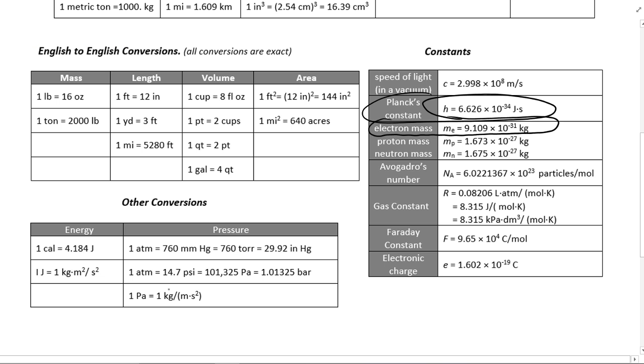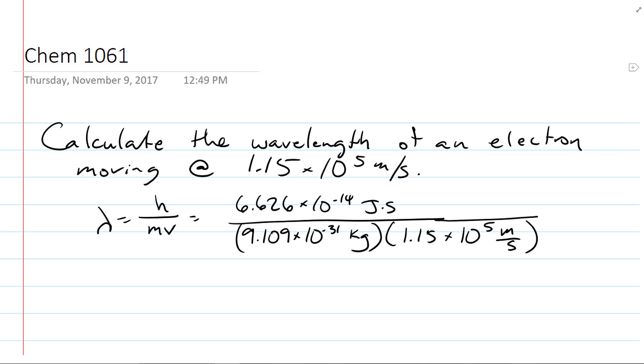But we'll come back here to this one right here, which tells us what the joule is. The joule is 1 kilogram dot meter squared per second squared. So we'll come back here, and we're going to substitute for the joule a kilogram dot meter squared per second squared.